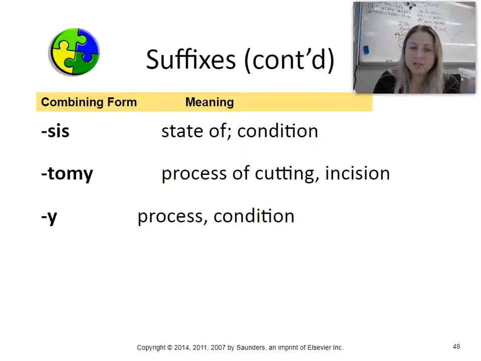Tomi, this is a process of cutting or making an incision. Like you can have a hepatotomy, right, where you are cutting into a liver. And then Y is a process or a condition.